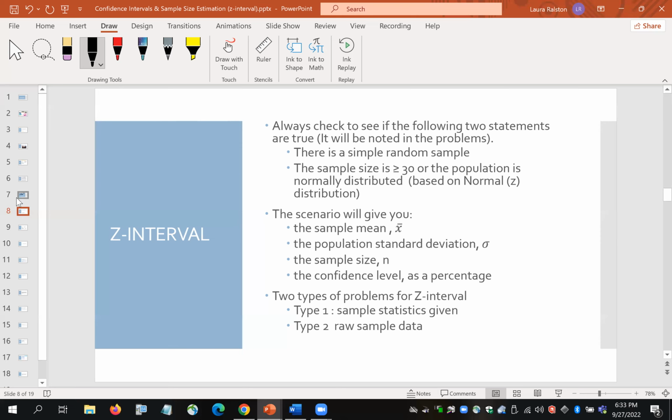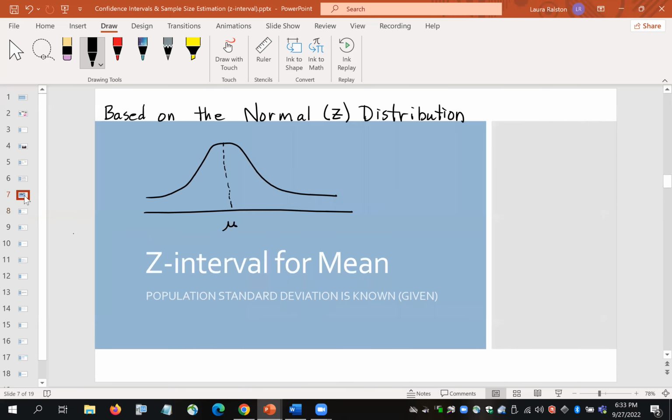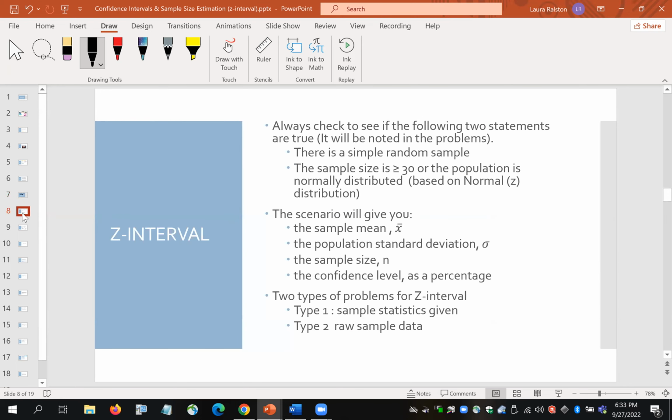This goes back to this normal distribution. Remember, I mentioned the other day in one of the other classes that when our sample size is 30, that's kind of the magic number. And at 30, most distributions begin to mimic or approximate the normal distribution. So if we have a sample size that's greater than or equal to 30, but I don't know for sure whether I have a normal distribution, we can apply the central limit theorem.